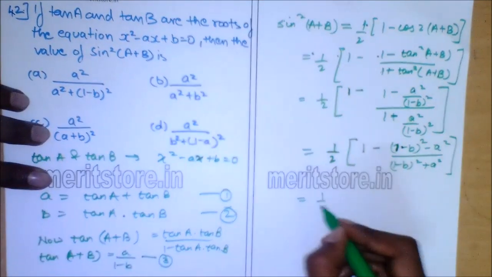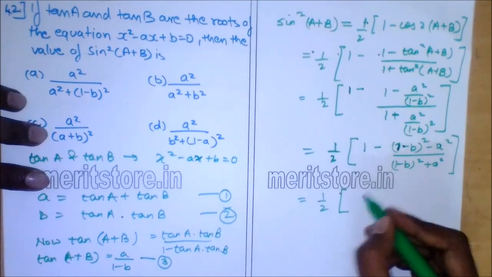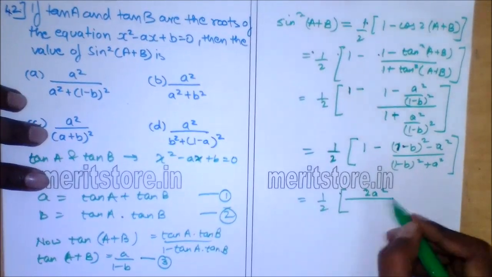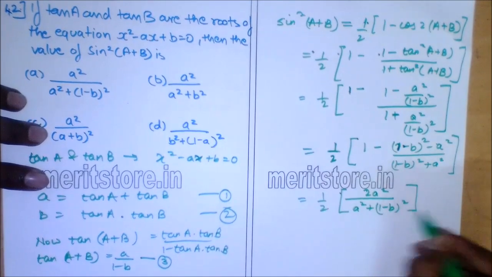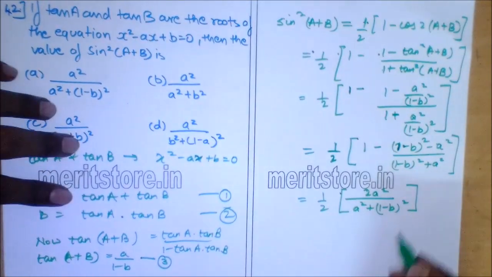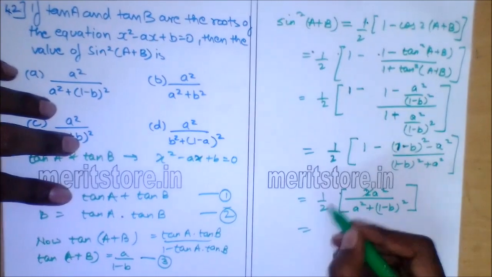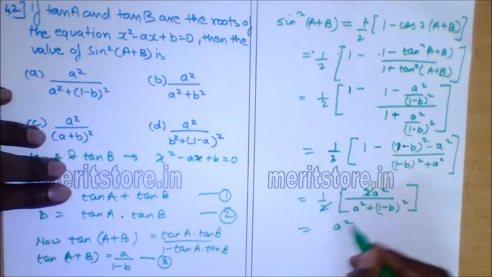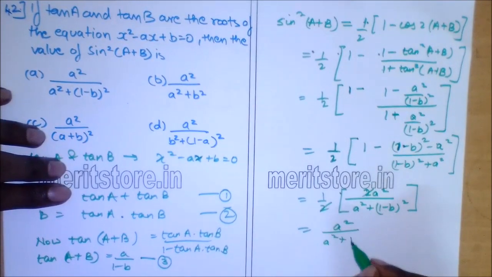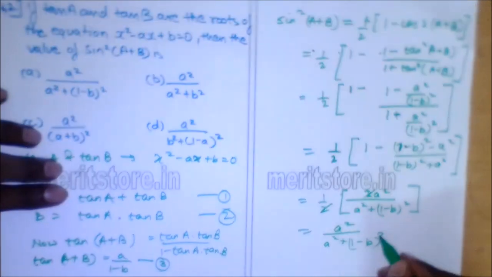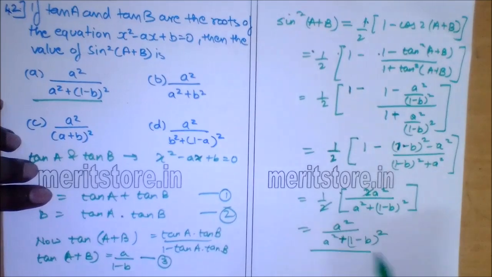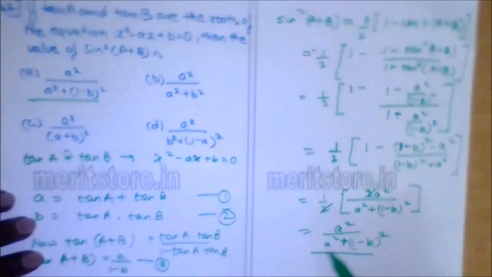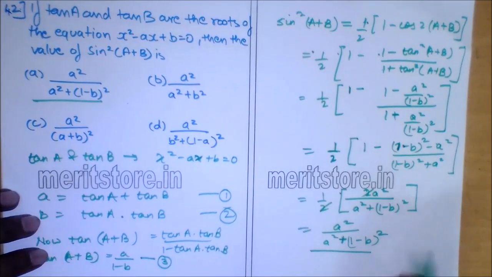Further simplifying it, we get half into 2a square upon a square plus 1 minus b the whole square. So 2 gets cancelled, so we are left with a square upon a square plus 1 minus b the whole square, which is option A. So the answer is option A, a square upon a square plus 1 minus b the whole square.